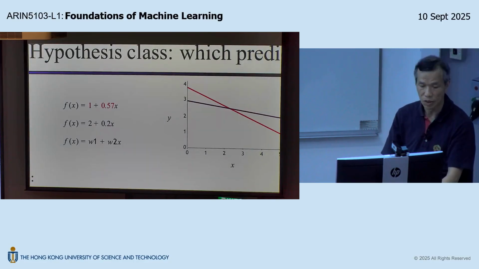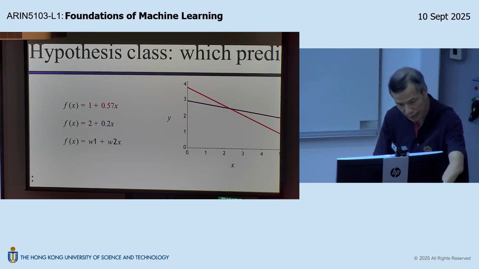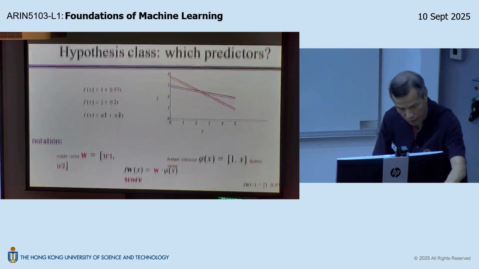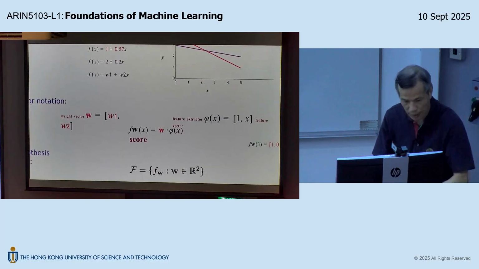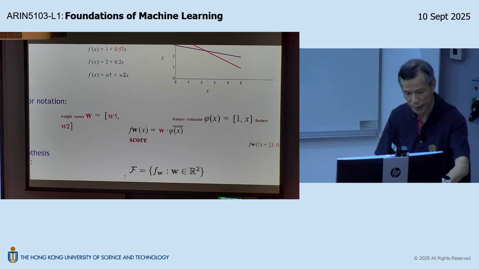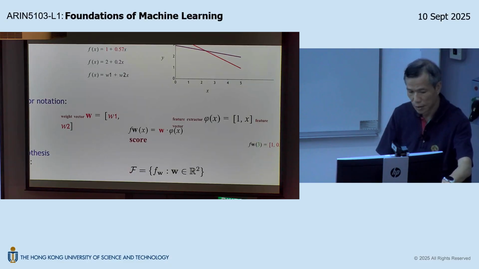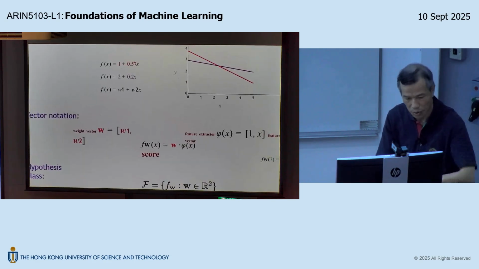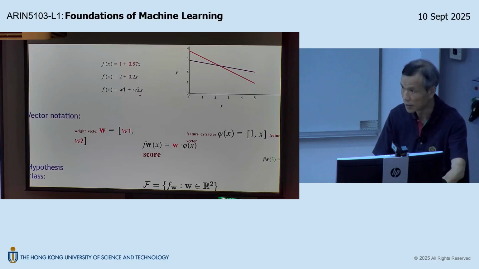So this is the model class or hypothesis class, a family of models parameterized by W. In this case, W contains the two parameters, W1, W2.